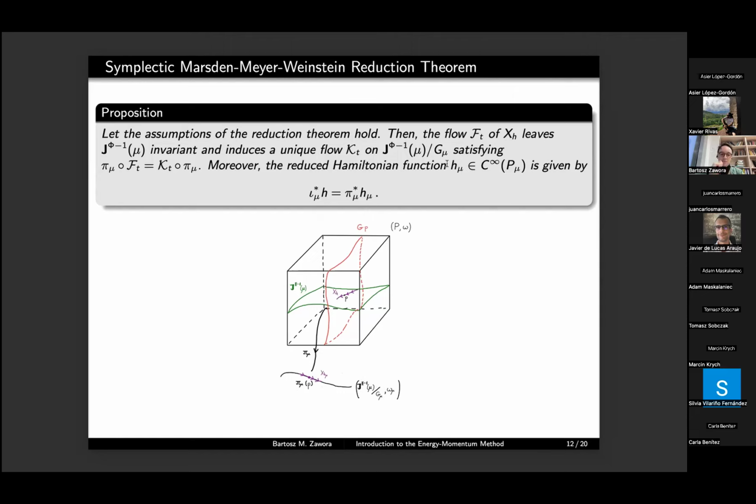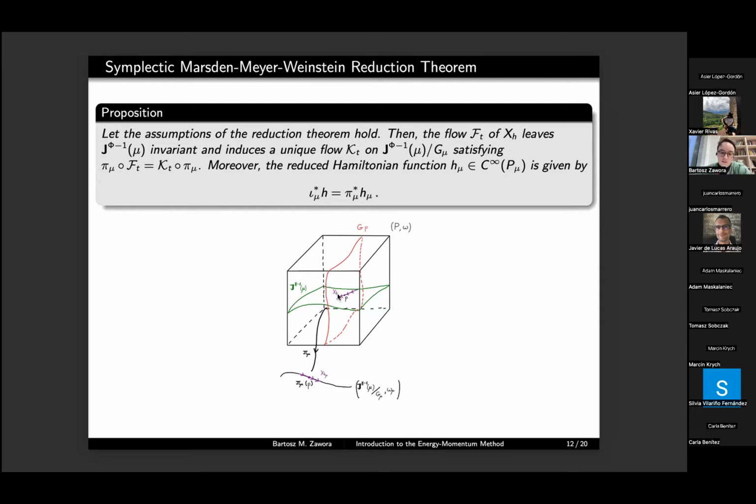So now, the idea of the energy momentum method is as follows. What if there is a point in the level set of the symplectic momentum map such that the Hamiltonian vector field is proportional to the fundamental vector field for some element in the Lie algebra, right?